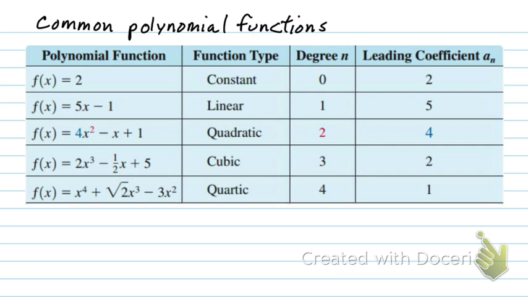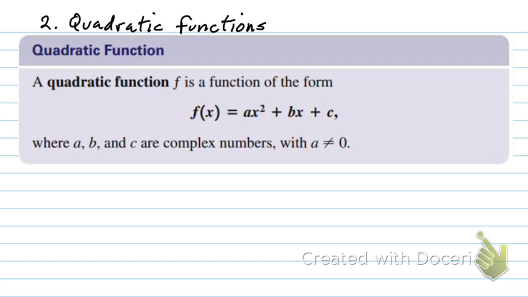Which brings us to this. Since this is what we're concentrating on, here are quadratic functions. Notice, ax squared plus bx plus c. The only restriction is that a can't be 0. A, b, and c are just numbers.